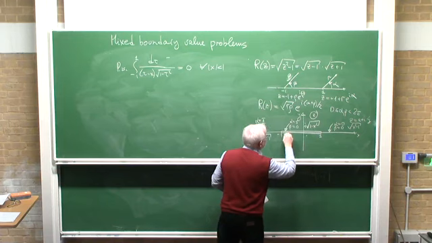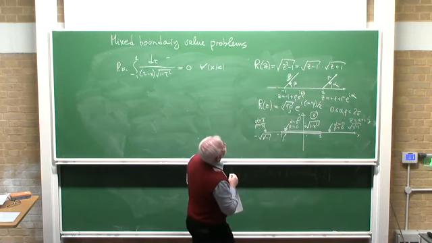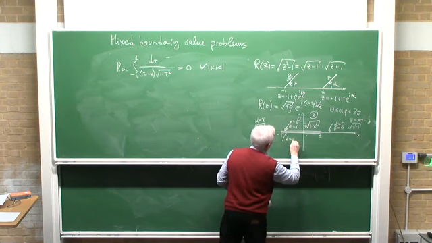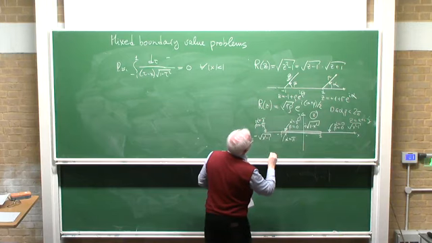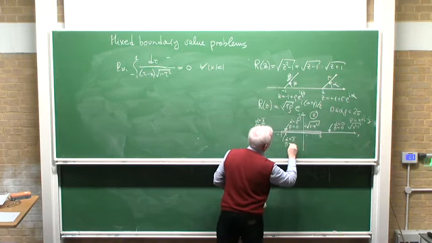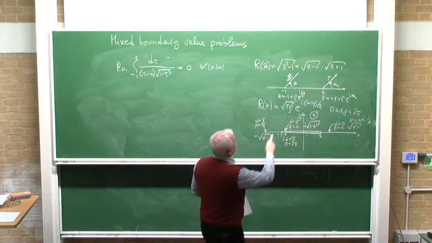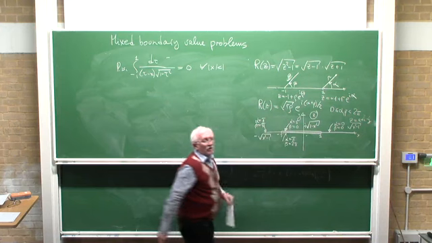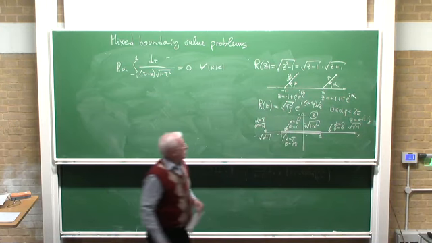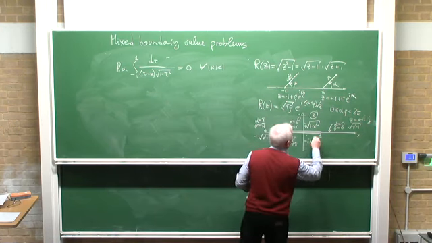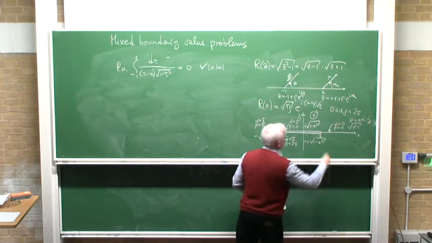Then over here, what's happening? Alpha is still pi, but beta is 2 pi. And then it will be 3 pi over 2, and altogether it will be minus i times square root of 1 minus x squared.